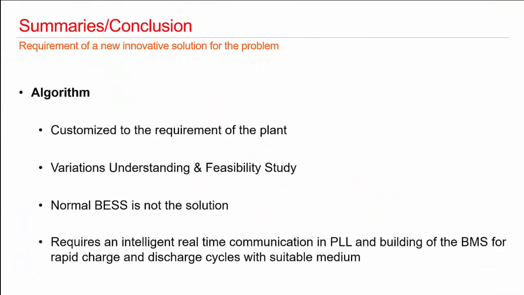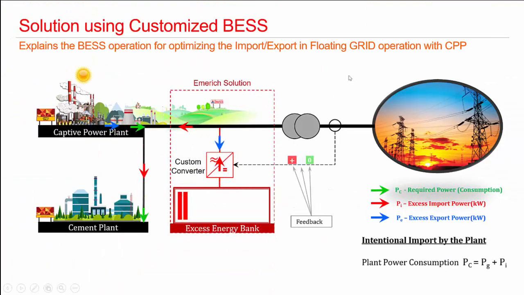Now, summary and solution: a requirement of a new innovative solution for the problem. As I have already mentioned, this system is customized based on the feasibility study that we have to conduct in the plant, and this custom converter will take feedback from the 132 kV or 220 kV, which is the PCC of this combined industry of cement and the captive power plant together.